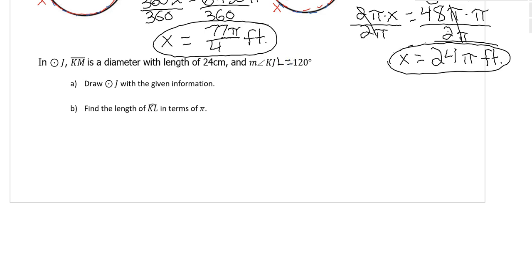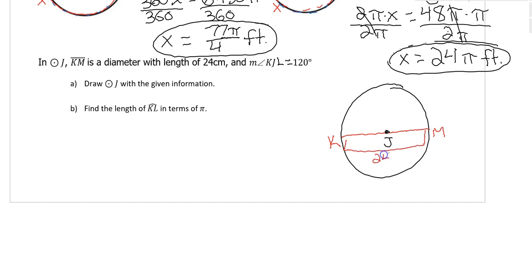The first thing I'm going to do is draw circle J. Then KM is a diameter, so my diameter goes all the way across. That whole length across is 24. And then there's an angle, K to J to some letter L, that's 120 degrees.